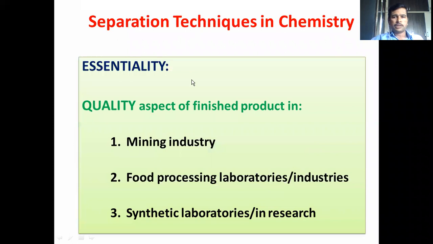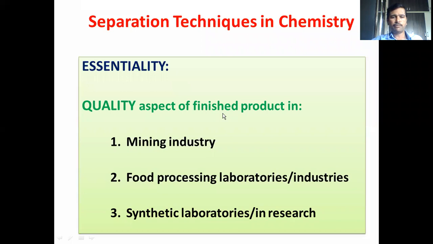So separation techniques in chemistry are very, very essential. Why is it essential? Because wherever you go, if you go to the mining industry or food processing laboratories or food processing industries or research laboratories or synthetic laboratories, the quality of the finished product is very, very essential.